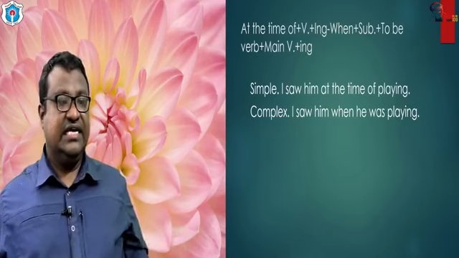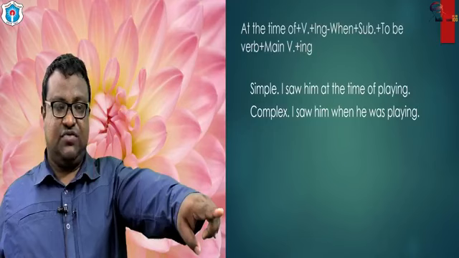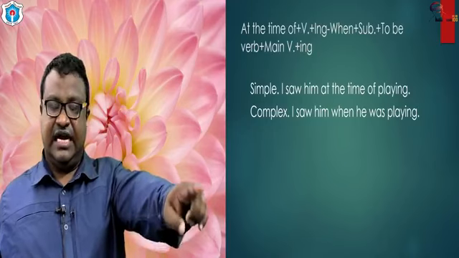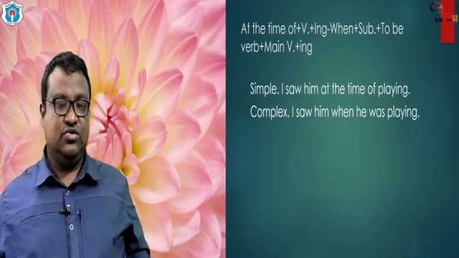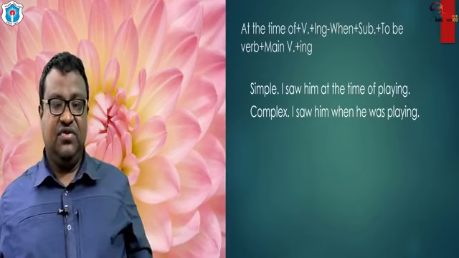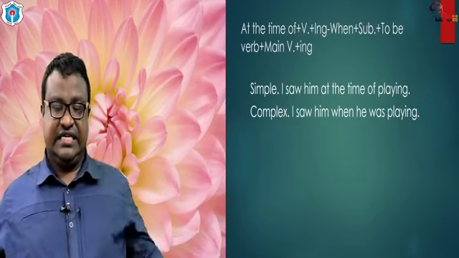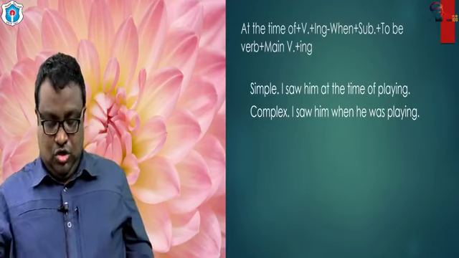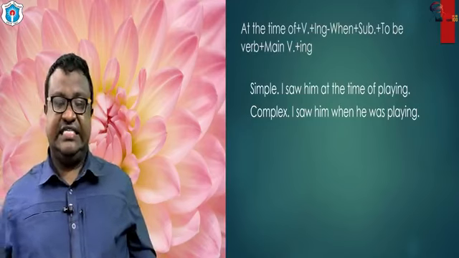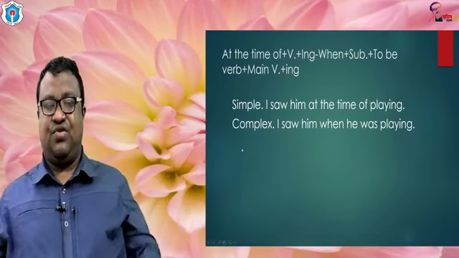Then we see he, the object of the principal clause, him, has been turned into the subject of the subordinate clause, and then we are using the helping verb, here the to be verb was, and then the extension ing, playing. So dear students, this is today's discussion on the simple to complex.